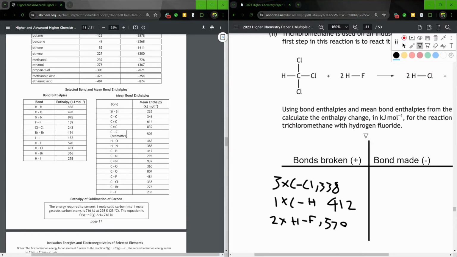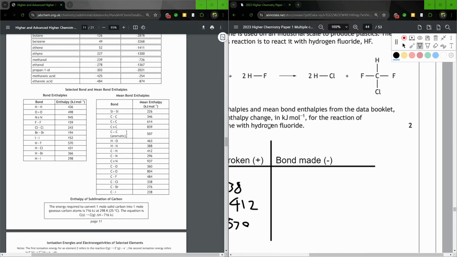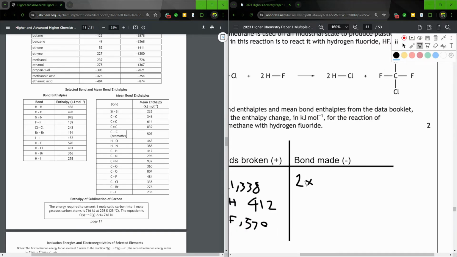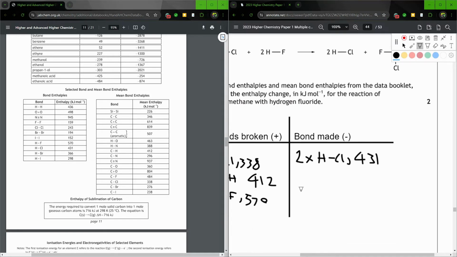And then, what bonds are made? So we have 2 hydrogen to chloride bonds, which are 431. And then we have 2 carbon to fluoride bonds, which is 484.